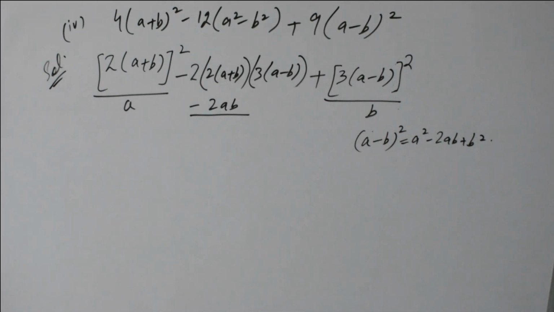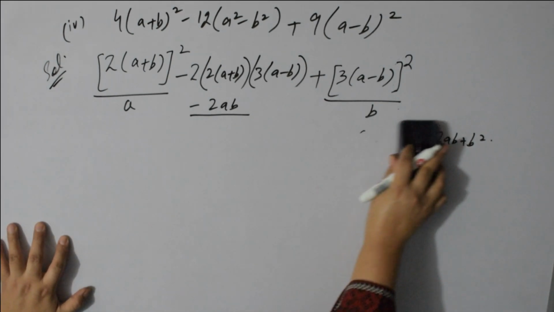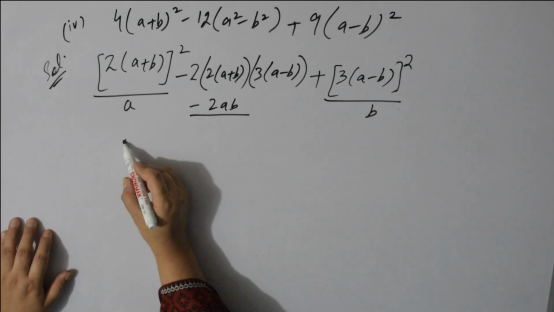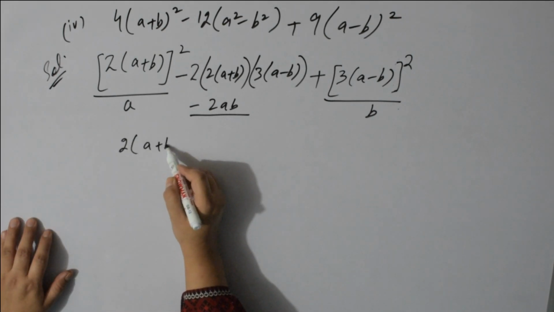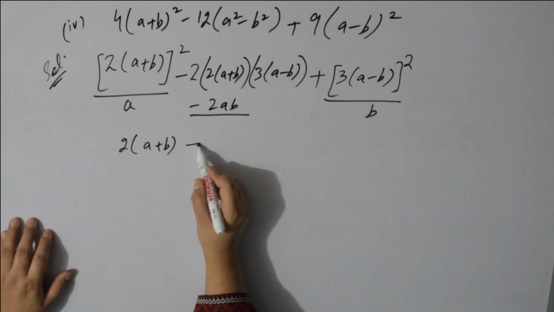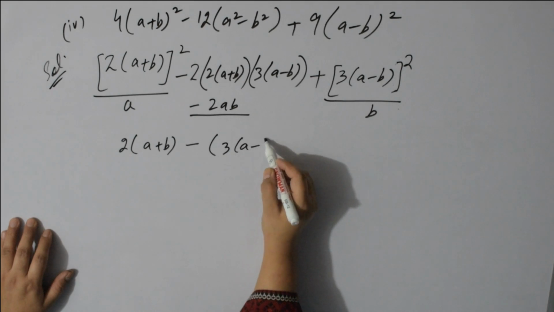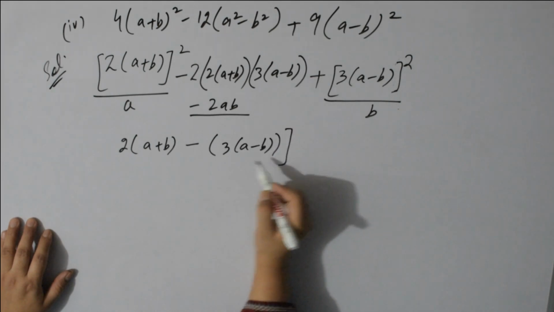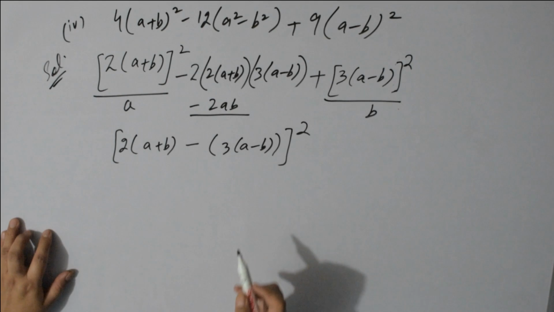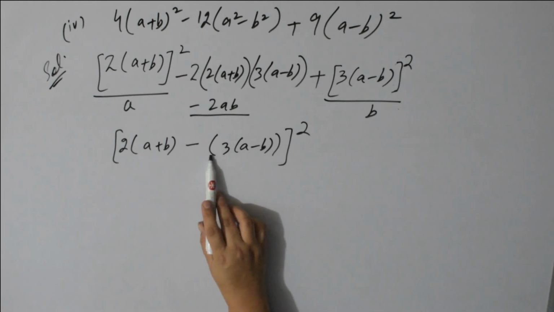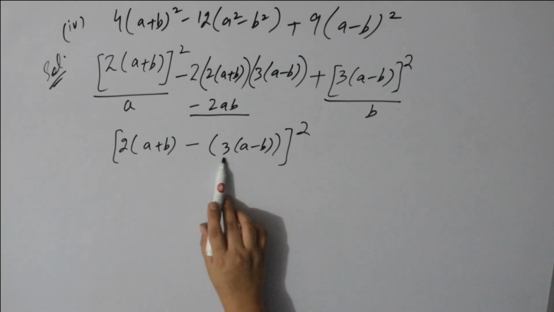You just need to know what your a is and what your b is. So my a is this 2 into a plus b, and this is b, 3 into a minus b whole square. Okay students, this is my first term, that is A, and this is my second term, that is B.